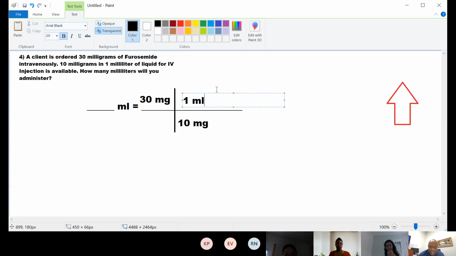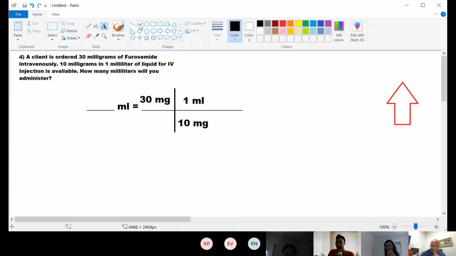Now, the beauty of this setup is that now we can cancel out units that we don't need. And so we can cancel milligrams from the top, and we can also cancel milligrams from the bottom, leaving us with what we were looking for from our units. We were looking for milliliters.